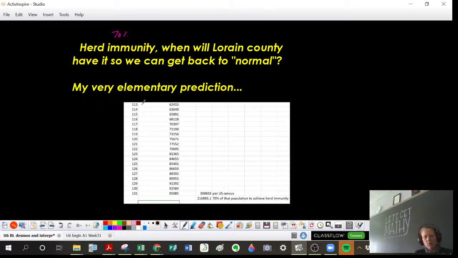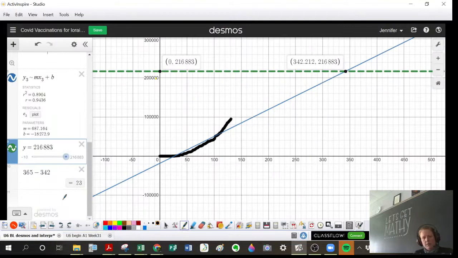So I did a little running tally. I didn't put the whole spreadsheet in here, but you can see, according to this, on day 131, which is April 25th, about 95,000 people have been completely vaccinated in Lorain County. So again, I created a scatter plot using Desmos. Now you can see these dots all kind of form this solid line.